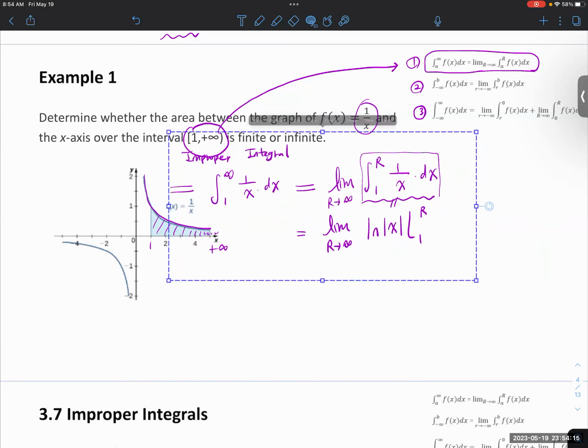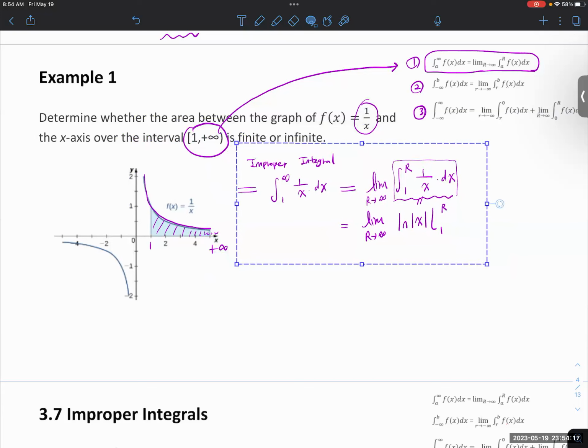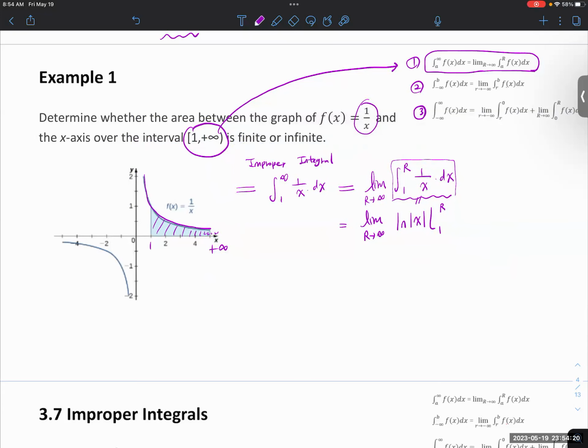Okay, keep going. I'm going to make it a little bit smaller. And then what? We are going to subtract, that means r minus 1. So we're going to do that work. I'm going to keep the limit as r approaches infinity of ln r minus, with absolute value, ln 1.